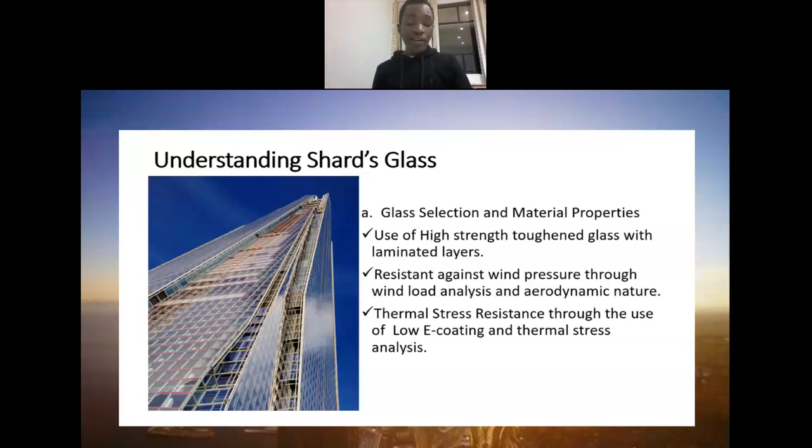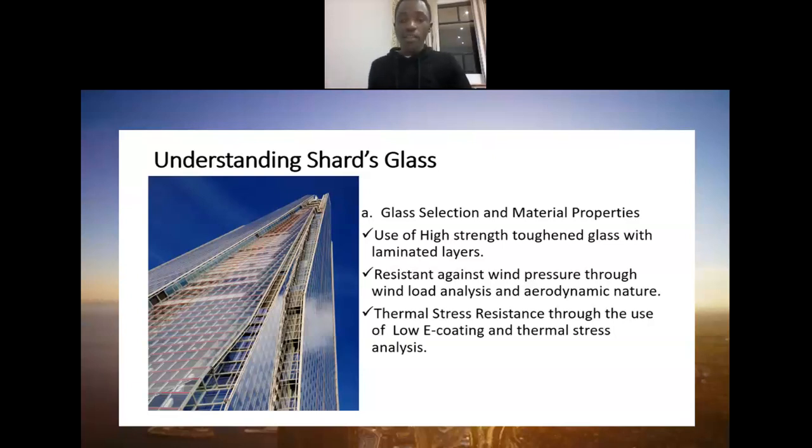We're also looking at the aerodynamic design under the resistance against wind. We have to incorporate the aerodynamic principles, especially when wind rotates around the building. We have to take the design into account. Those are some of the things that were taken into account during the analysis of this design.